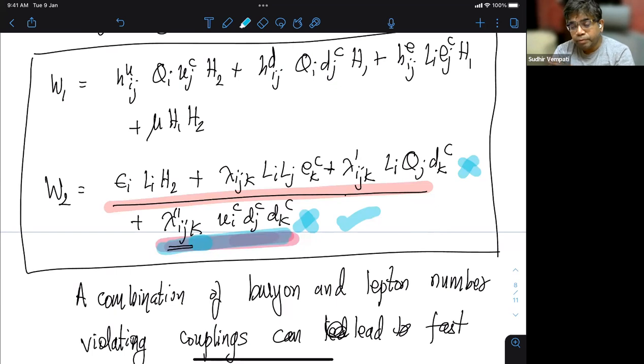Beyond dimension 4, you have to be very, very careful, because you can violate it very strongly again with higher dimensions. And then you have to impose further symmetries, which would violate R parity at higher dimensions, but still conserve proton.